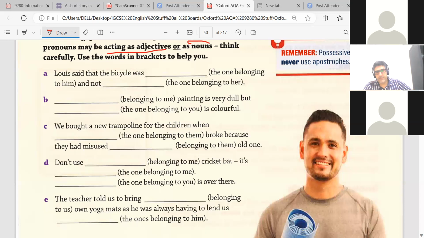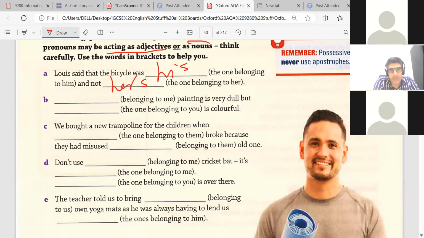Guys, done? I finished. Akram, Khalid, done. Yes. Okay, start please, Akram. Lewis said that the bicycle was his and not hers. Perfect. His, hers: the one belonging to him, his; the one belonging to her, hers.